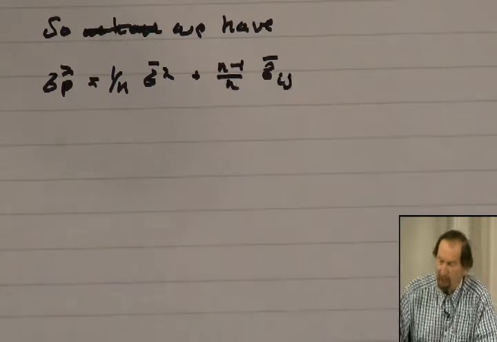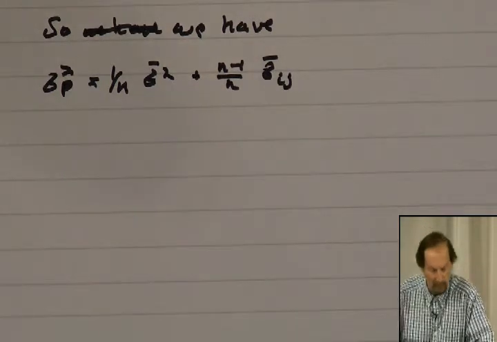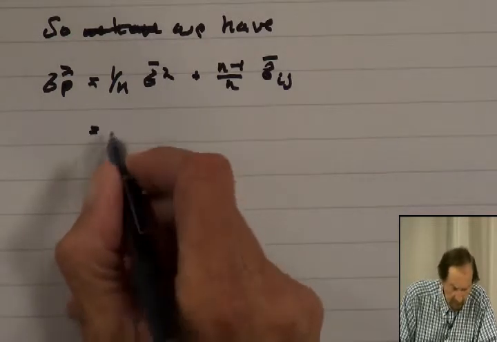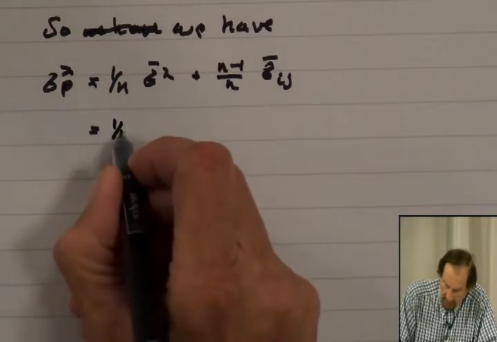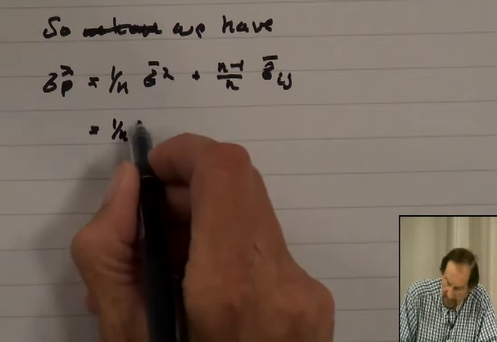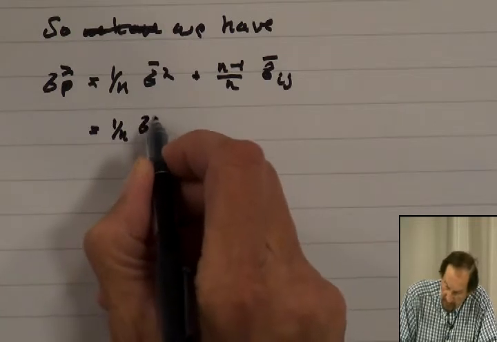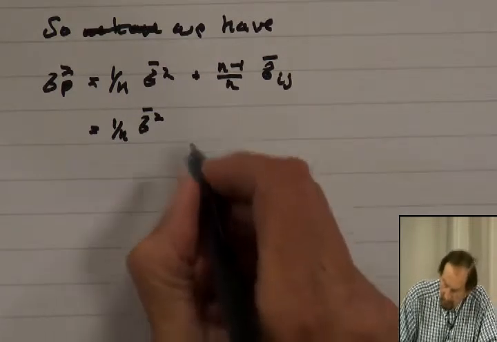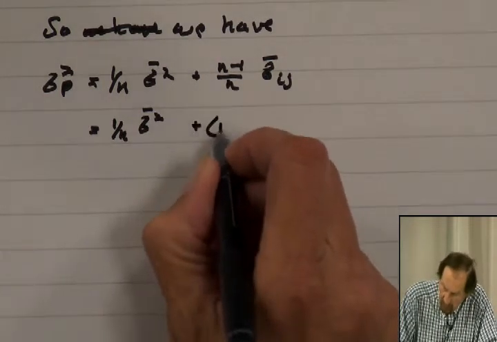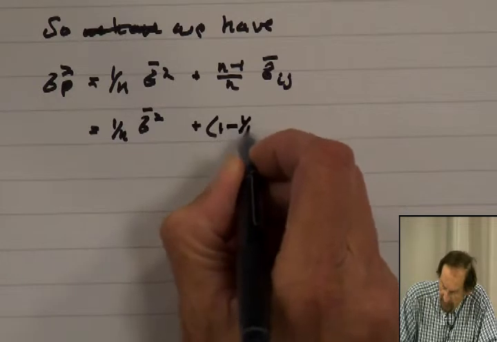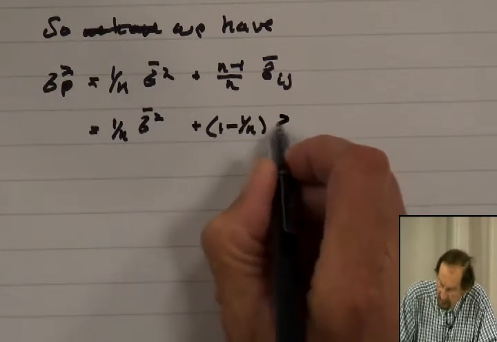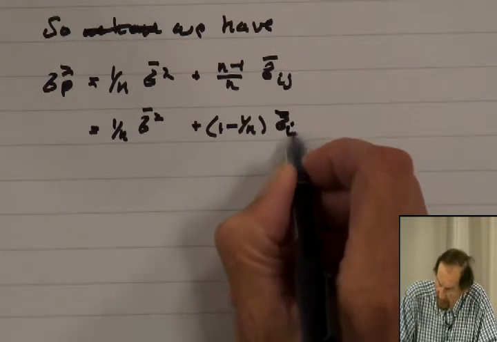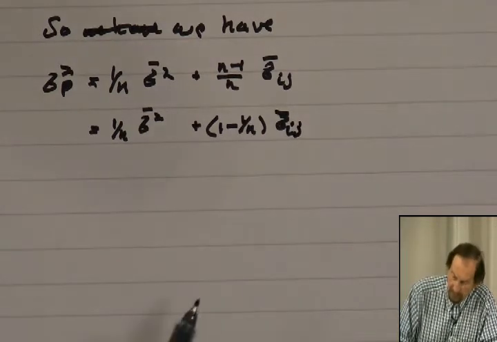So that's the average covariance there. Okay. So what does this equal? This equals 1 over n times sigma squared bar, the average variance, plus 1 minus 1 over n times sigma bar ij, which is the average covariance.